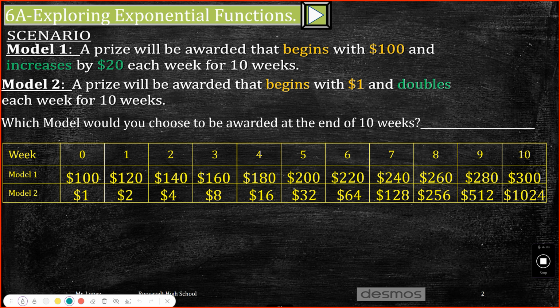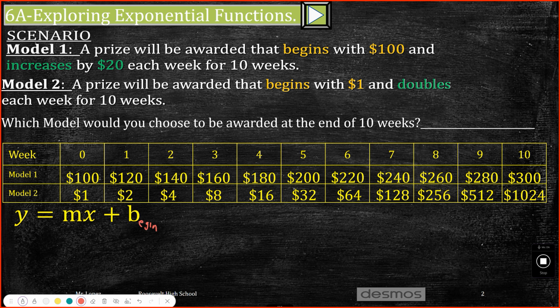All right, so model 2 is exponential. But if you wanted to do model 1, how do you get that 300 without doing this table? Because it's just a lot of writing. It is linear. You have to know that it's linear because you begin with a certain amount, and then this m is how much you add per week.